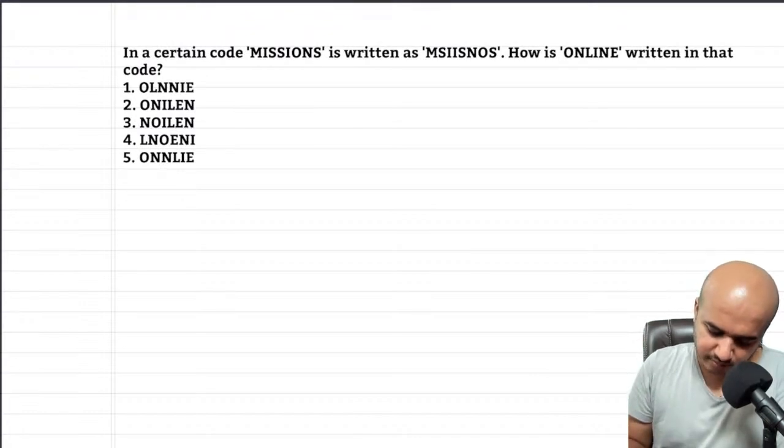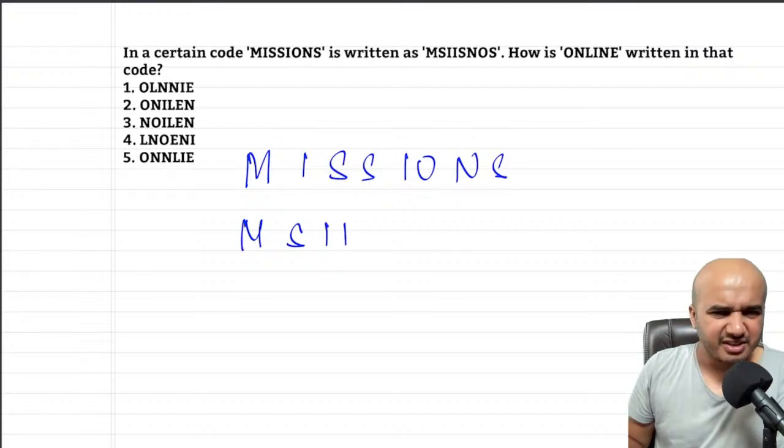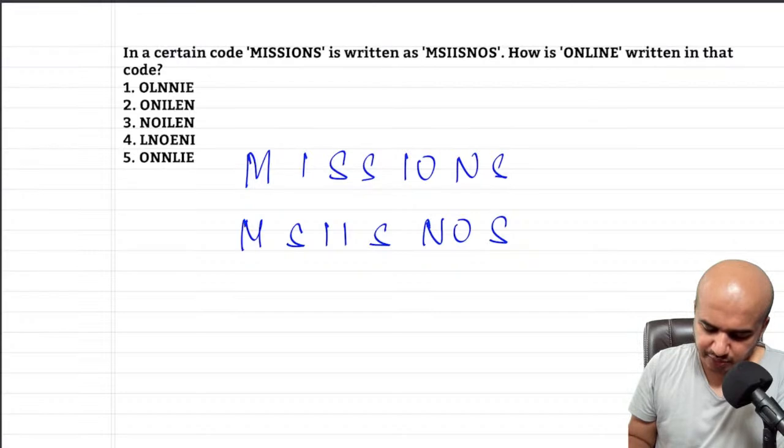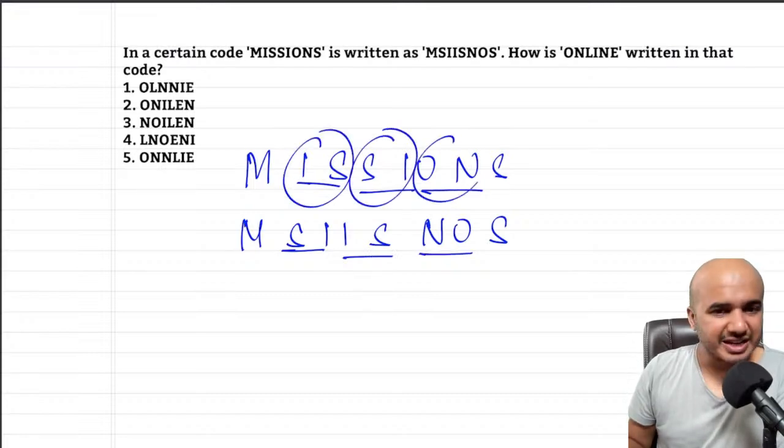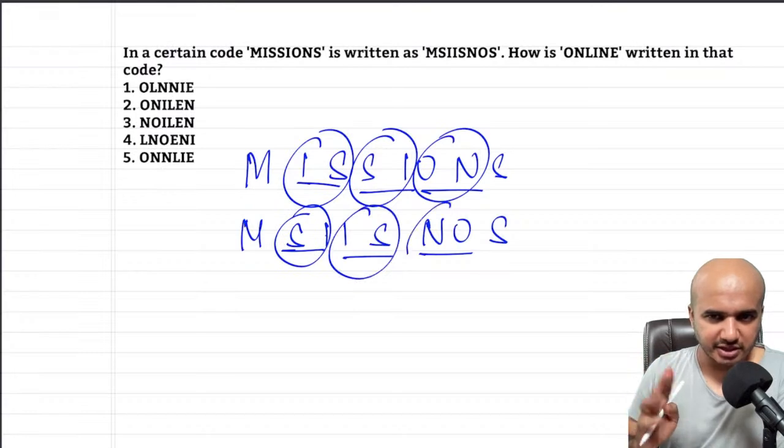Mission is decoded as MSIISNOS. Again, this is nothing but rearrangement. But you can see the rearrangement happening here. That is, leaving aside the first and last letters, the rest of the letters are interchanged. That's all you have to do.